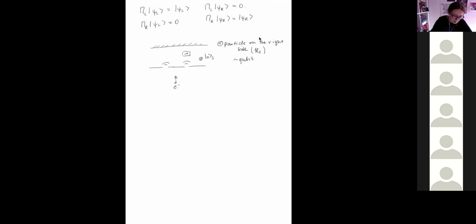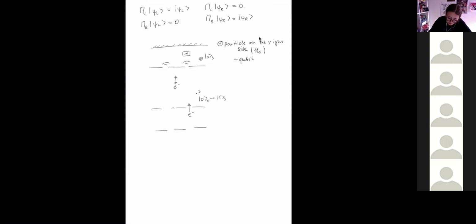So essentially, what I mean is that, again, back to our double slit, if the electron goes here, then the state of this additional particle S flips.